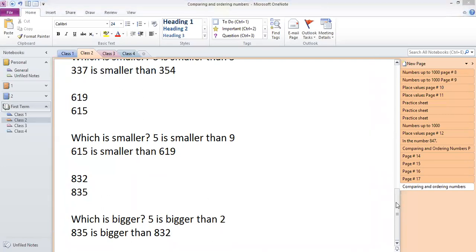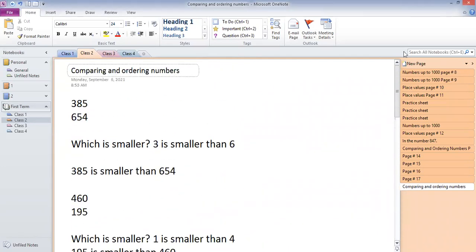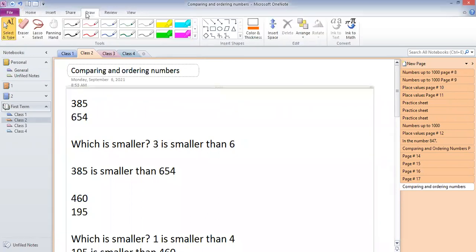Guys, before going further, I would like to introduce you one symbol. What is that? That symbol is greater than or less than, this one or this one.